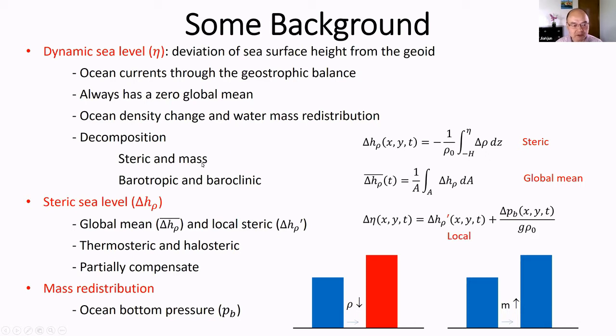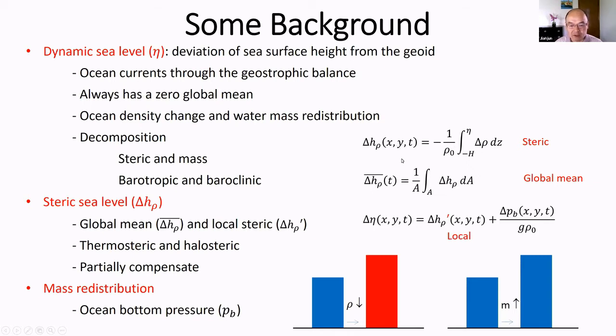Steric sea level change, delta h rho, can be calculated based on this equation. Delta rho here is the in situ density anomaly. You do the vertical integration from the ocean surface to the ocean bottom, and rho naught here is a reference density. So this equation gives you the steric sea level change.